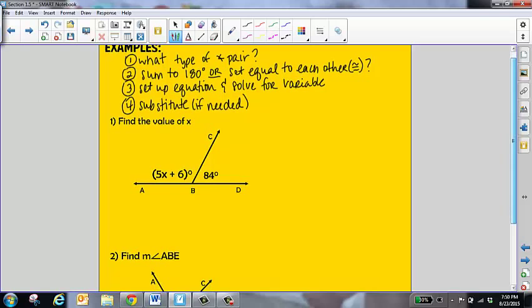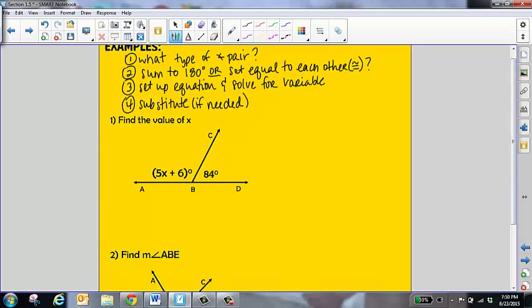All right, so let's take a look at example number 1. So we've got a nice little diagram here. You guys, again, pause so that you can give yourself time to draw the diagram. But the first thing that you want to ask yourself is, what type of angle pair do I have here? Okay, so now if we look at this diagram, we have two angles. We have angle ABC and we have angle CBD.